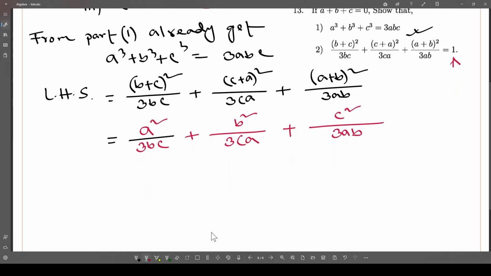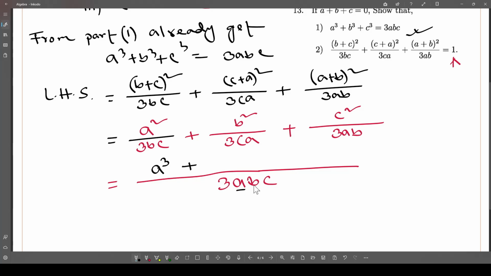Okay, now look, 3bc, 3ca, 3ab, if we take the LCM it should be 3abc, right? Now 3abc divided by 3bc, so a will be left, and a times a square means a cube.